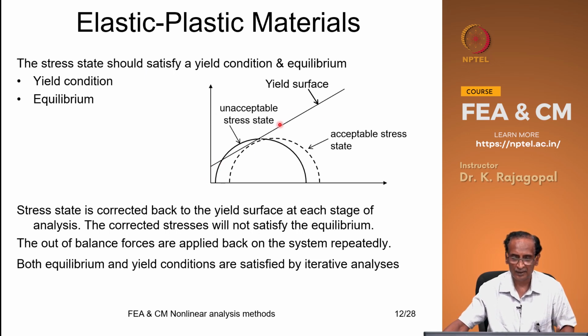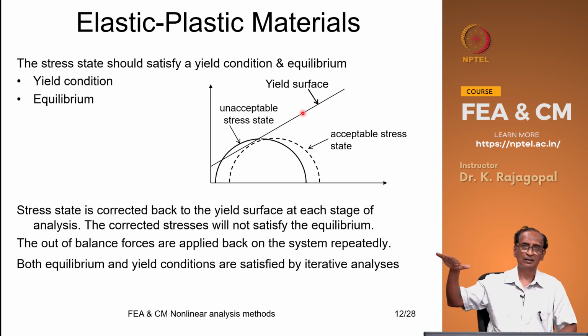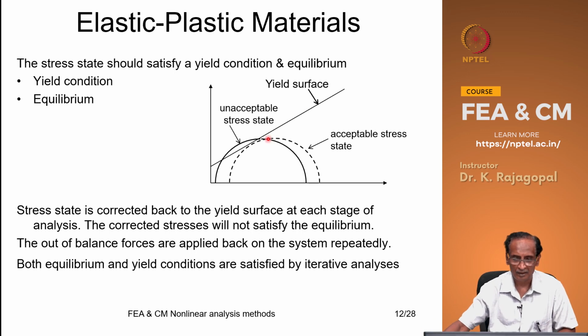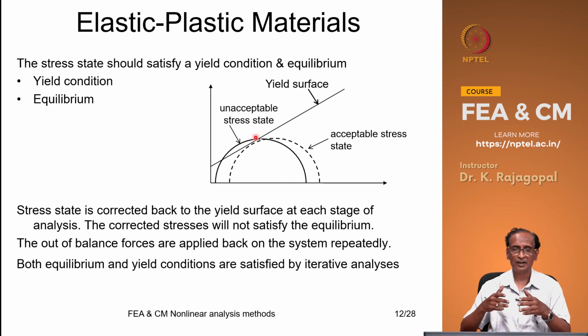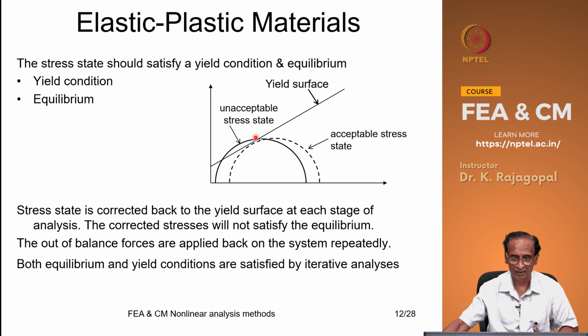In terms of C and phi, we can define this yield surface that limits the strength, and if any Mohr circle falls within this surface, it is an acceptable stress state, and if it crosses, then that means that your stress is more than the strength of the material, and we have to do something to remove those stresses, so that the stress becomes acceptable.